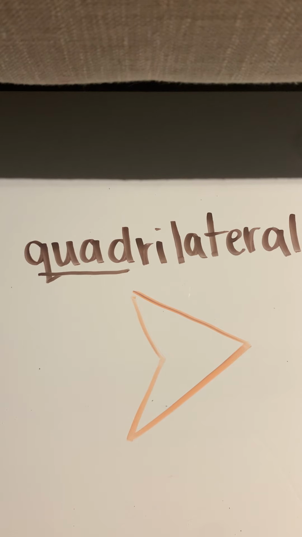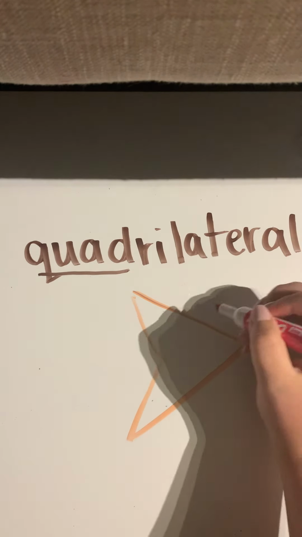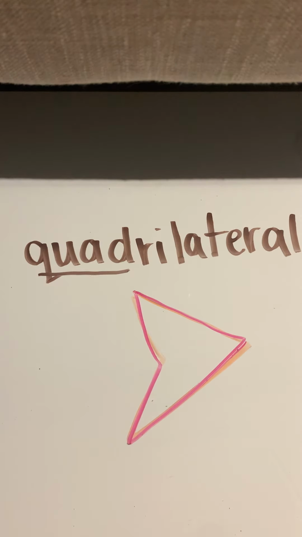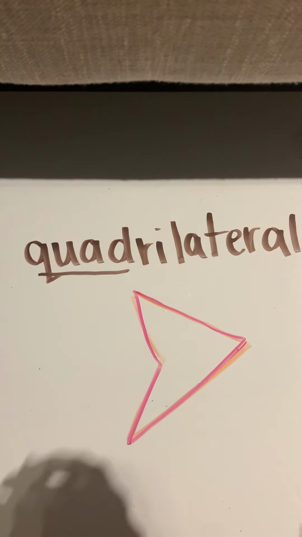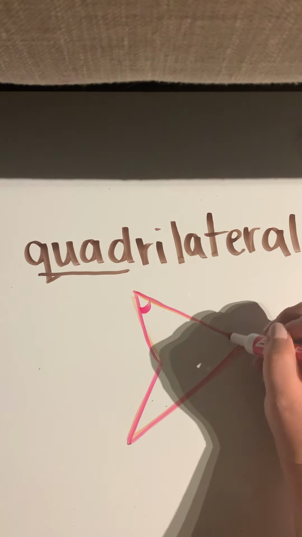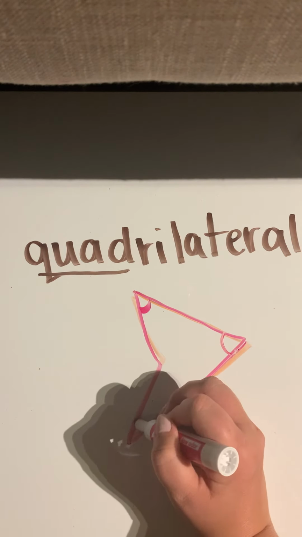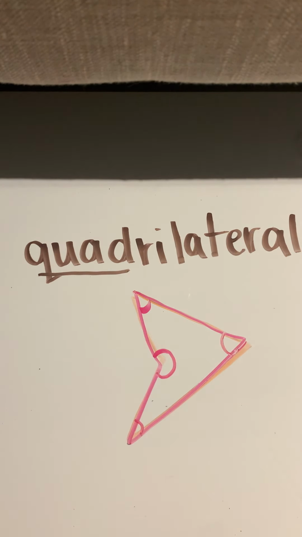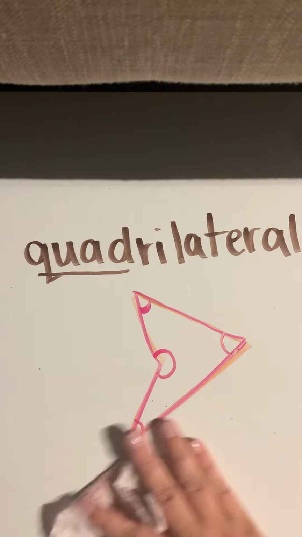Okay, it is a polygon, so it qualifies for that. I know that a quadrilateral has to have 4 sides, so let me count. 1, 2, 3, and 4, and it has to have 4 angles. Let's check. 1, 2, 3, and 4. Is this a quadrilateral? It is, even though it looks a little bit funny.